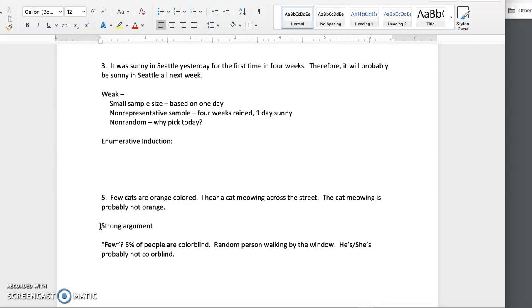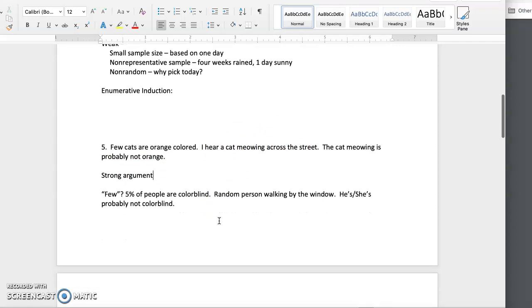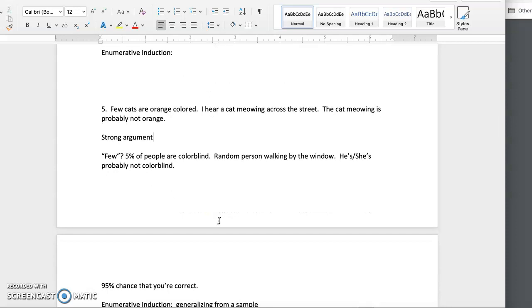If few means what it does typically, which is a small percent, then if a small percent of cats are orange, any random cat you choose is not very likely to be orange. So 5 is strong, or at least I'd say not weak, because of that word, few.